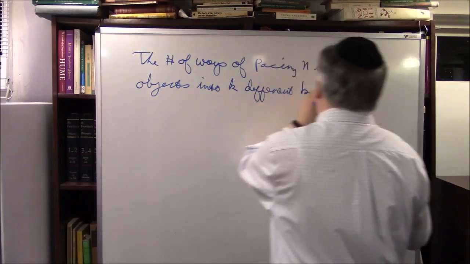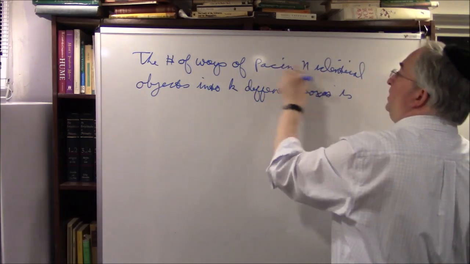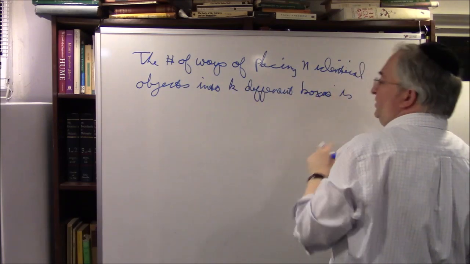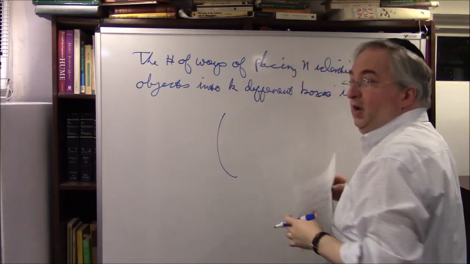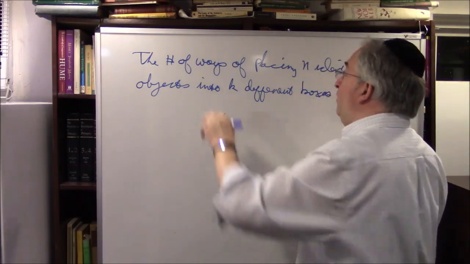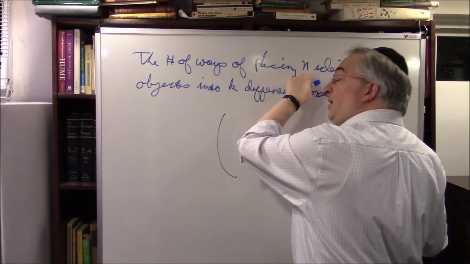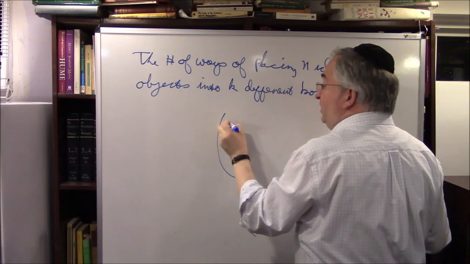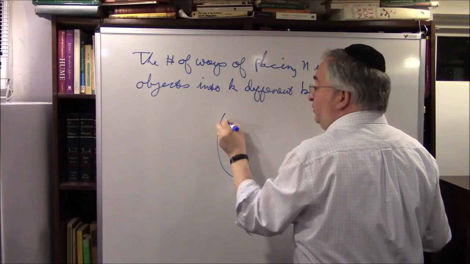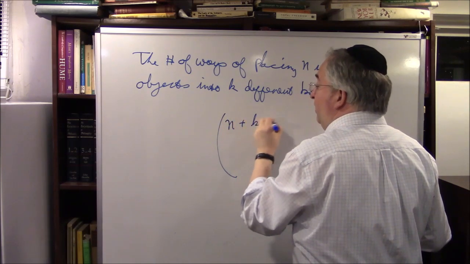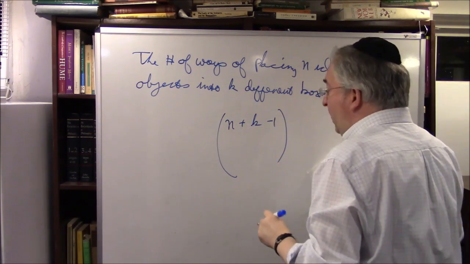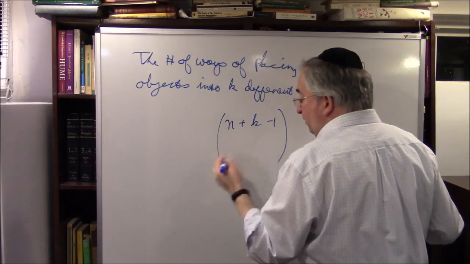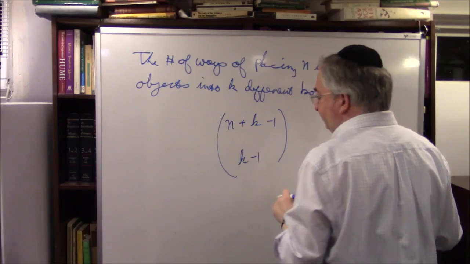So the number of ways of placing n identical objects into k different boxes is, you ready? Well, how many dashes do I need? I'm going to have n objects and they go into k, but in order to separate the k different boxes I need k minus 1 barriers, so I do n plus k minus 1, and I want to choose where to put the barriers, so that's k minus 1.